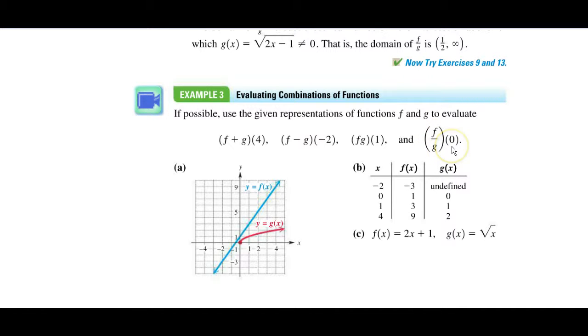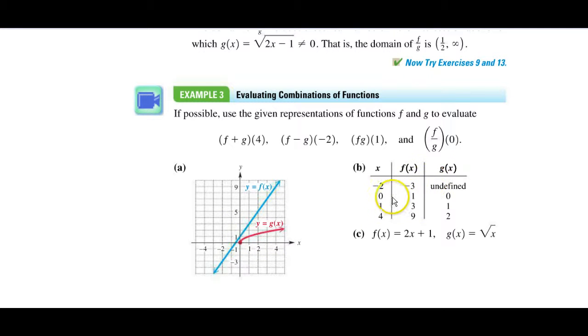So it's going to be 0. Well, if this is 0, it looks like our y result is a 1. When x is 0, y is 1.